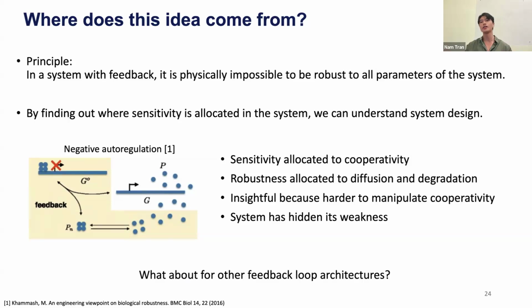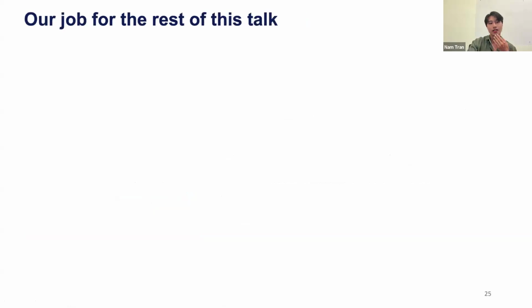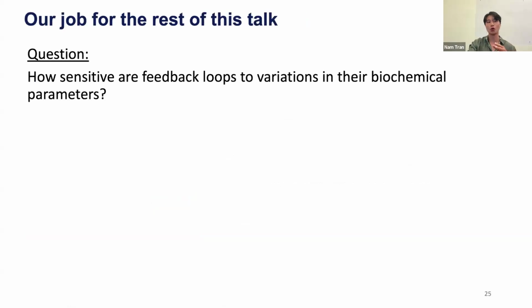So what about the other examples we've talked about? We talked about positive autoregulation and the feedback, the toggle switch, the double negative. So the job for the rest of this talk is to see how sensitive these feedback loops that we've established before are to variations in their biochemical parameters.